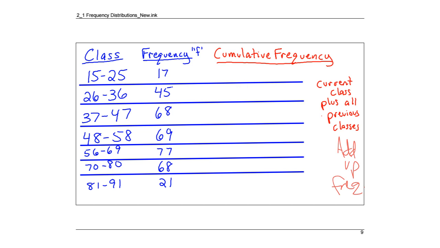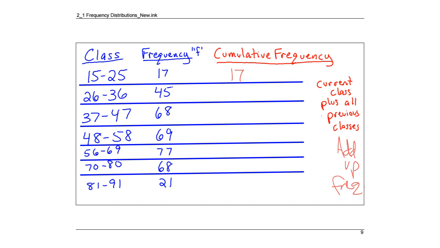Okay, so for the first one, if I look at this first row, I only have the first row, right? I don't have any rows before. So we're just going to grab 17 because the current class has 17. I don't have any before that, so I'm good to go.